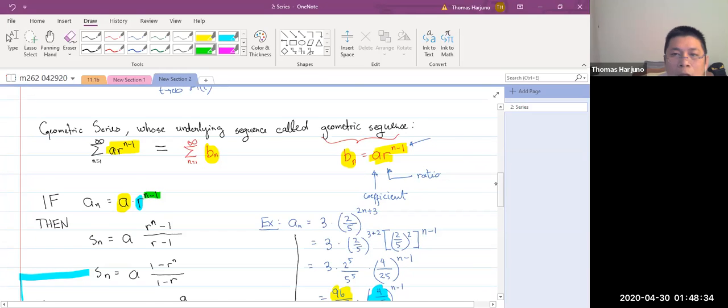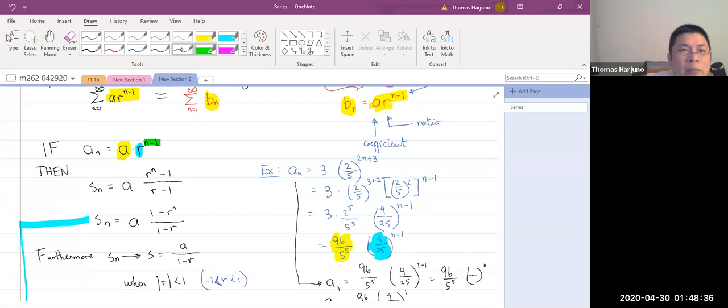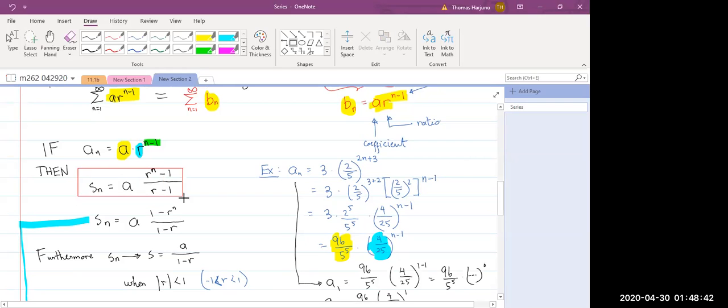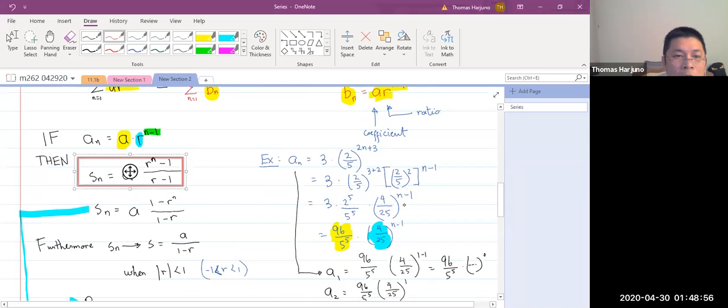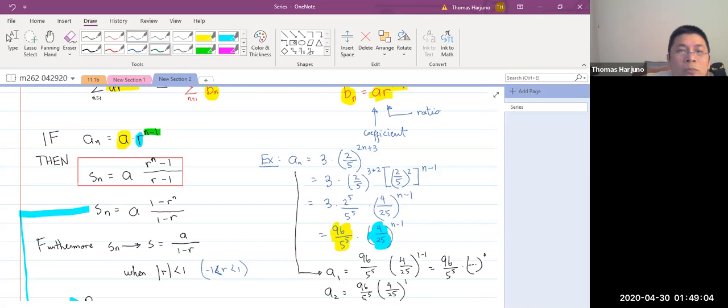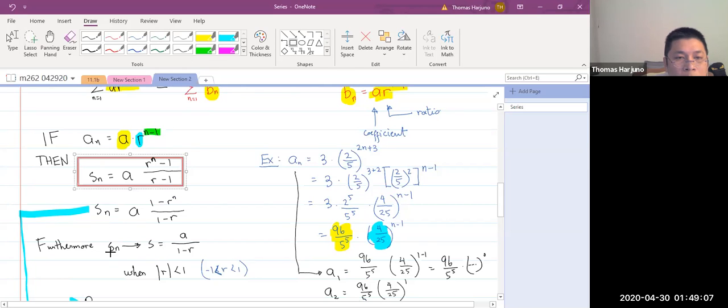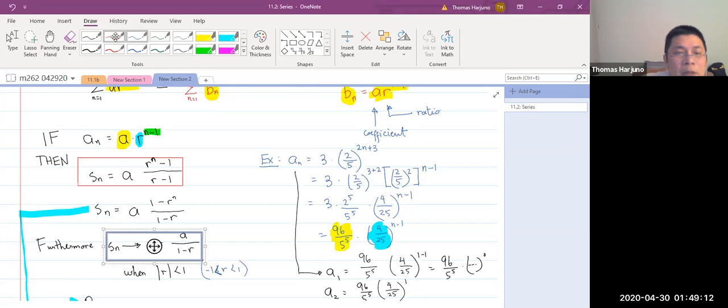The partial sum will be given by this formula. And if the ratio R is between -1 and 1, then that partial sum will be convergent. It converges to this formula. But keep in mind, we need to look at the ratio though.